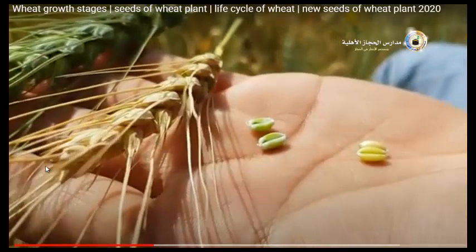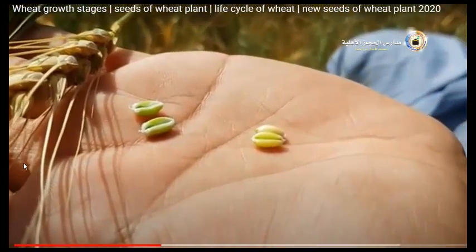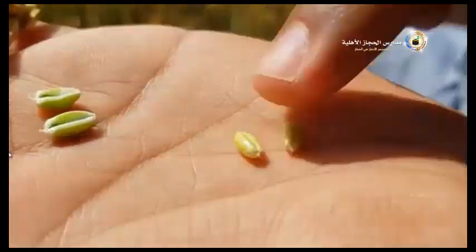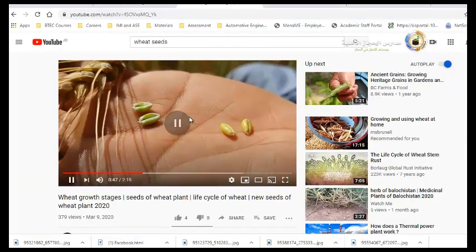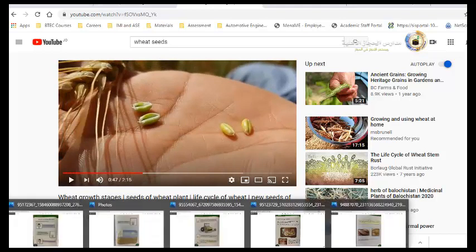So here are the seeds, the very small seeds of the wheat plant. Then what will happen after that? They will take these seeds to factories.